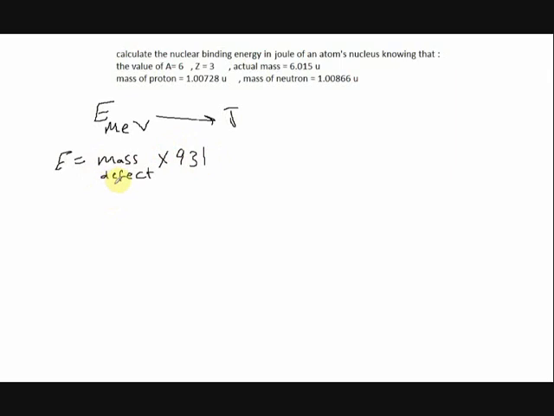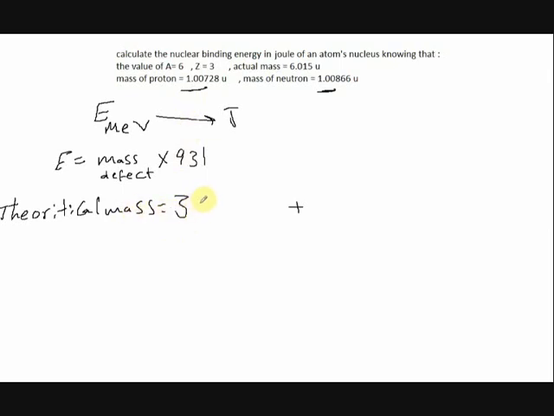To calculate the mass defect we need to calculate first the theoretical mass, which equals the number of protons times the mass of one proton plus the number of neutrons times the mass of one neutron. The number of protons here is 3, as Z represents the atomic number, which equals the number of protons and the number of electrons.